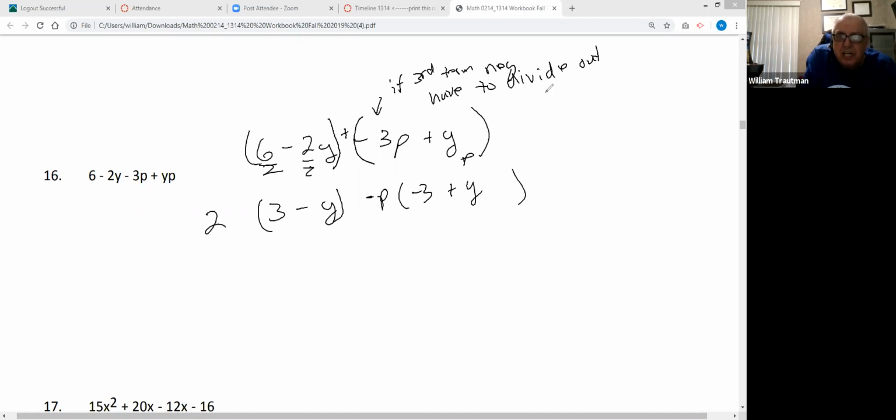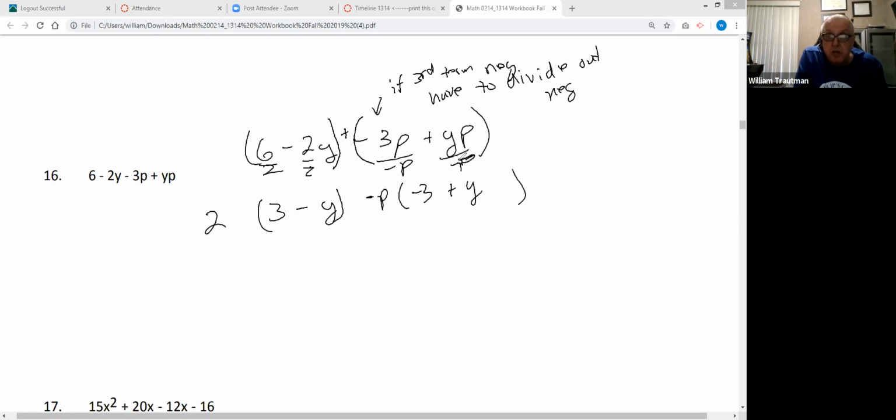We already said we're going to divide a p out, but if the third term is negative, we're going to divide by a negative. So we're dividing by a negative p and we're dividing by a negative p.